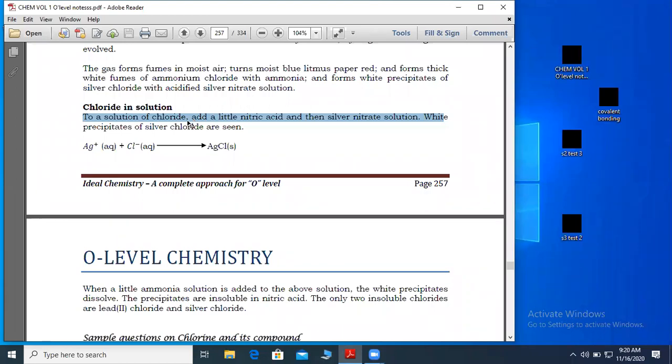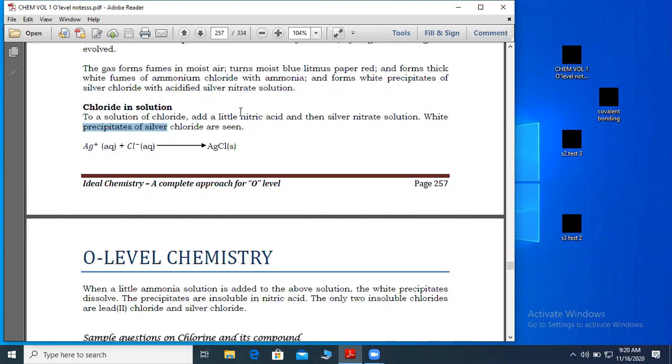So if you want to know that there is a chloride in solution, you just add nitric acid and silver nitrate, the same way we were testing for hydrogen chloride. When there is a chloride, it will form a white precipitate. And the white precipitate is silver chloride. So that is the test for chloride ions.